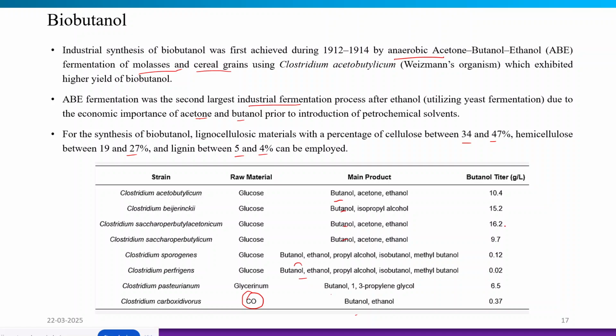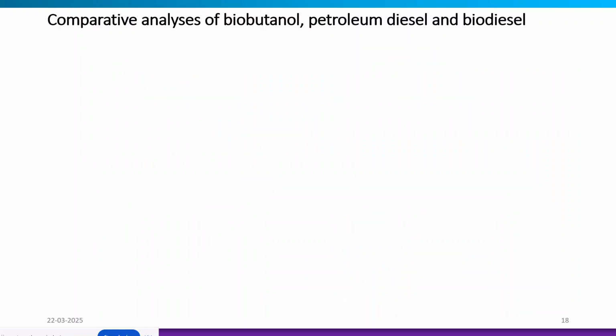Butanol production is higher for glucose using this particular strain of Clostridium. We have the main products in all cases, mostly butanol, acetone, and ethanol. Some processes produce isopropyl alcohol, isobutanol, methyl butanol, and other byproducts.